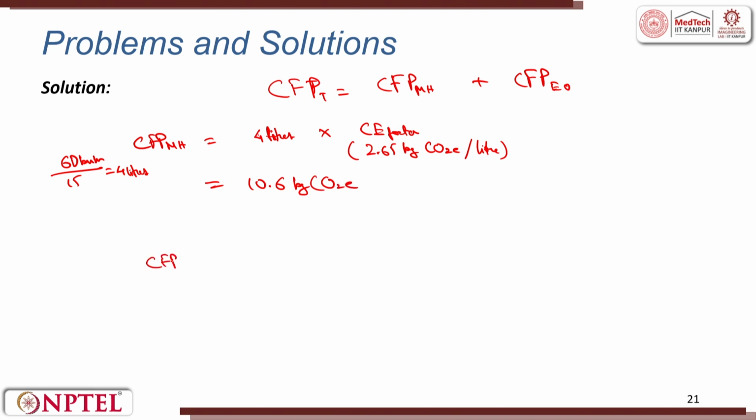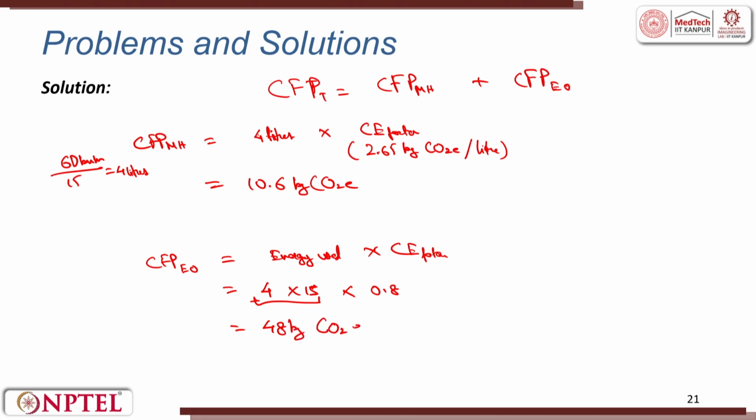Carbon footprint for equipment operation is equal to energy used times the carbon emission factor. Energy used is 4 kilowatt hours per machine times the number of machines, which is the total energy use, times the emission factor of 0.8. This turns out to be 48 kg of carbon dioxide emission.